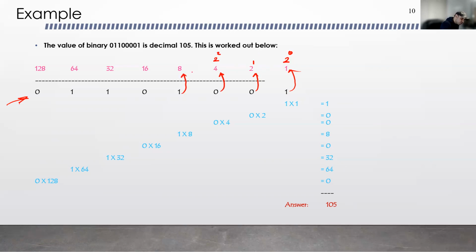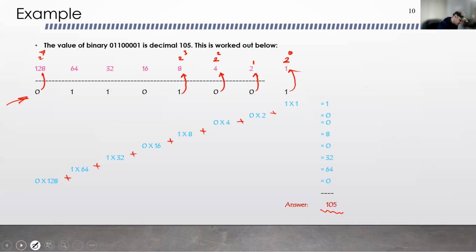This one is corresponding to 2 to the power of 3, which is 8, until you reach number 7, because you start from 0 until number 7 here. So this is 2 to the power of 7, which is 128. Exactly the same stuff: you multiply, then at the end you add these together. This will give you 105.